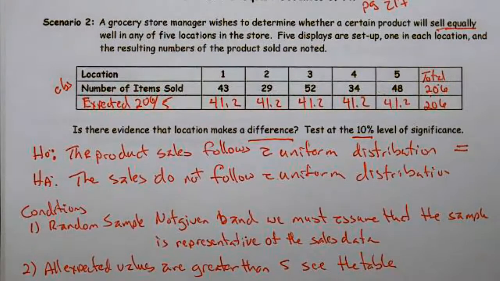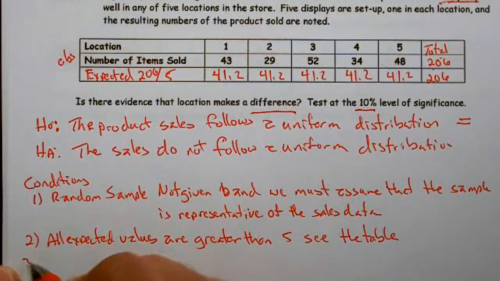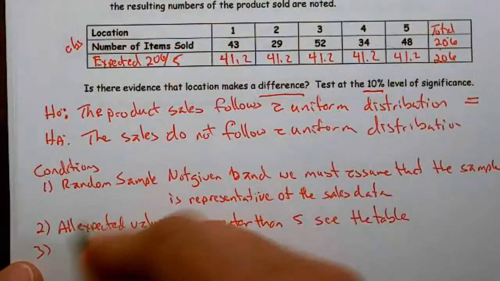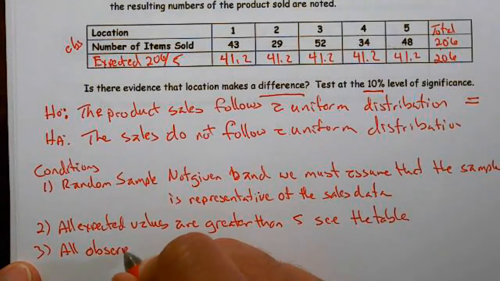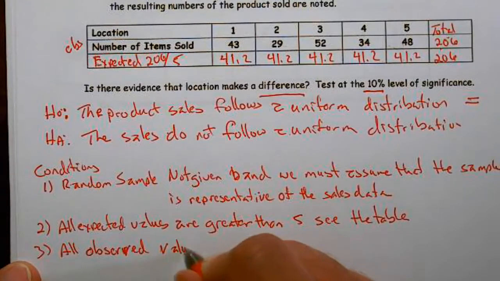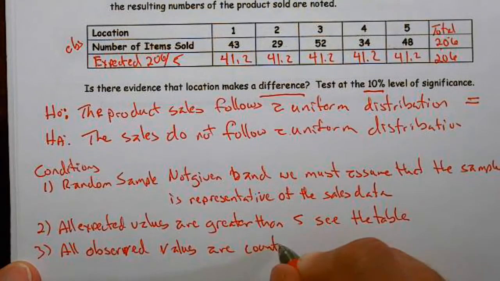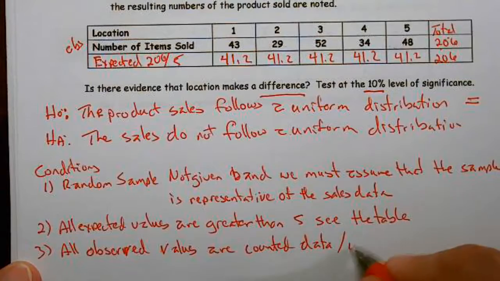And you do have to show them. The next thing, all observed values are counted data, whole numbers.